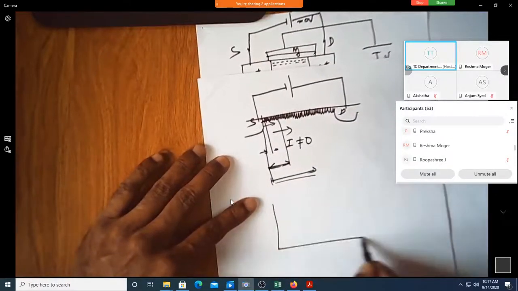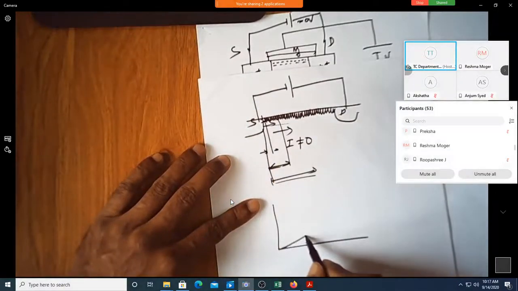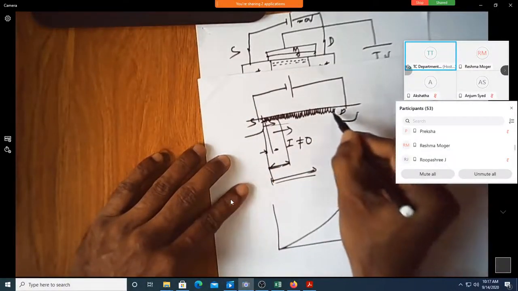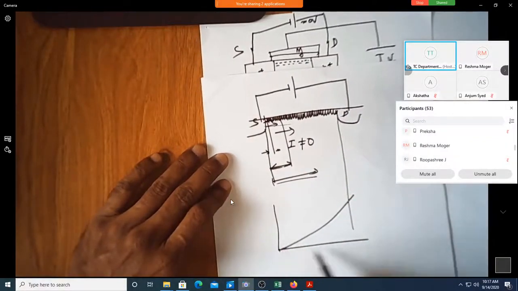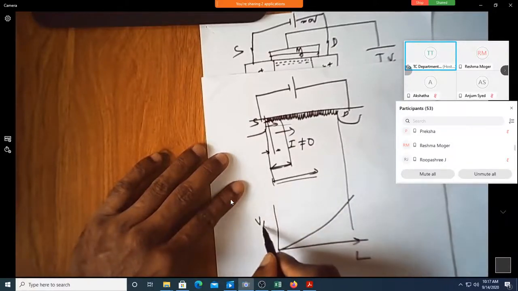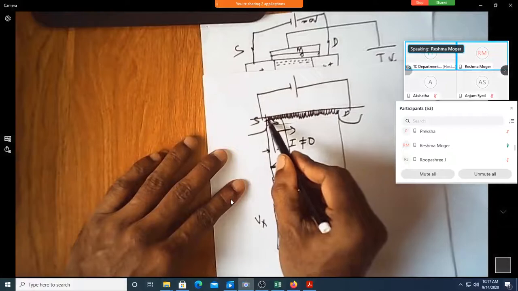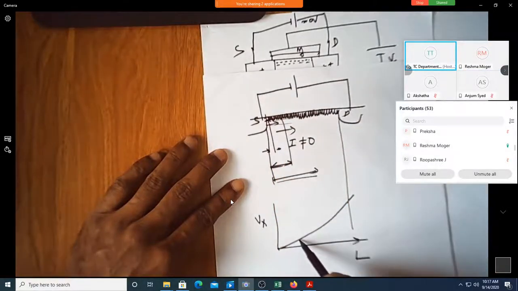What I mean is, along the length of the transistor, does the voltage drop start increasing? Can you see the voltage drop is maximum here, here it is 0? Along the length of the channel, the voltage drop, I'll call it Vx, across the entire resistor channel length, keeps on increasing.